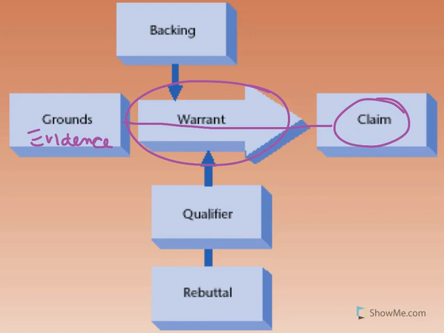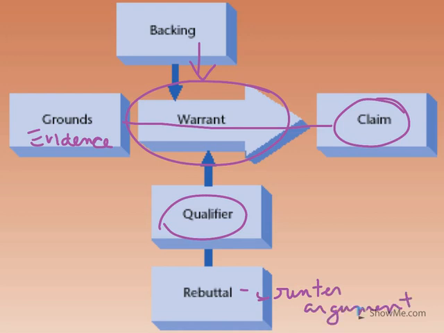Now, to back up that warrant, you also need evidence to make sure that that warrant is sound. And in relation to that, there is an understanding that your claim is not always to be absolute, and so you need your qualifier. And connected to that is your rebuttal, which you can consider to be your counter argument.